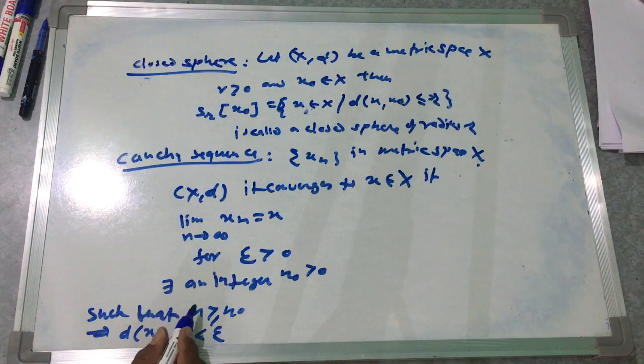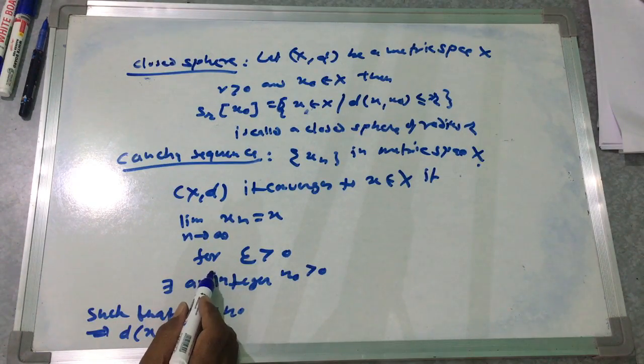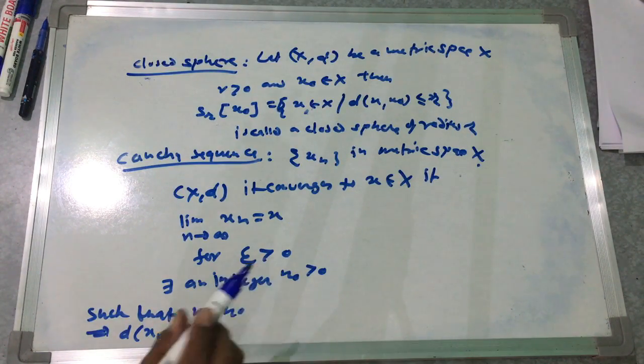for each open sphere S_epsilon(x) centered at x, there is a positive integer n0 such that xn belongs to S_epsilon(x) for all n greater than or equal to n0. Each open sphere S_epsilon(x) contains all the points of xn except its first n0 terms.